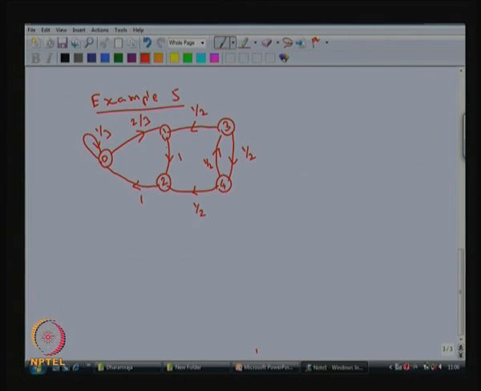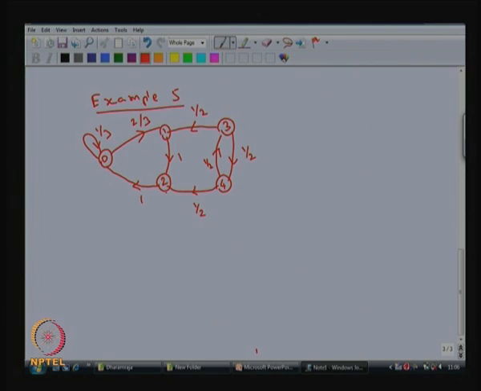The way the arcs are here, states 3 and 4 have only outgoing arcs to states 1 and 2, whereas 0, 1 and 2 have a loop form, and state 0 has a self loop with probability 1/3.